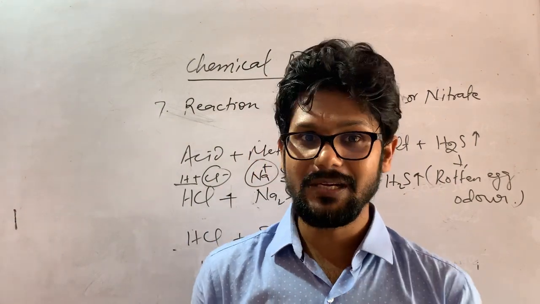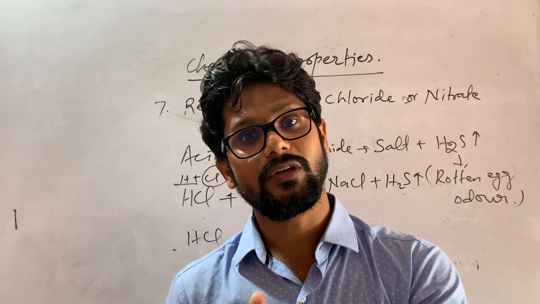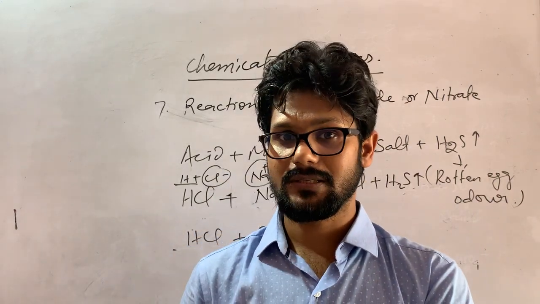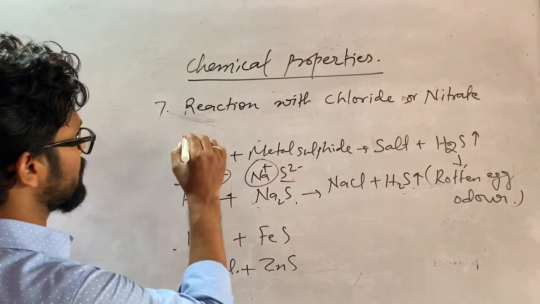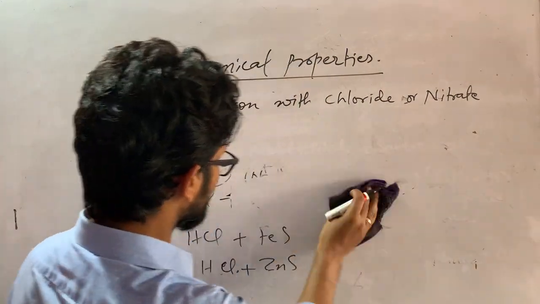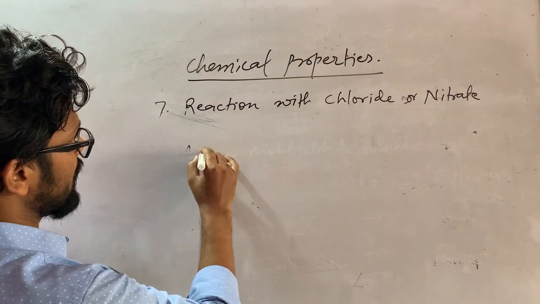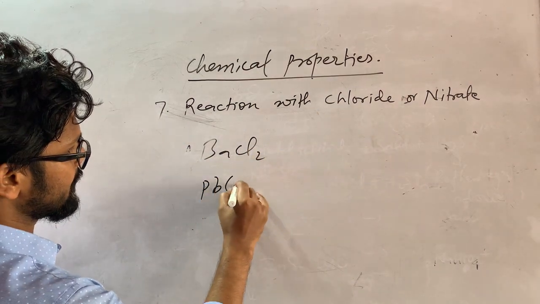Once again, I'm going to repeat. Chlorides and nitrates do not react with dilute acids, but there are few exceptions, like barium chloride, and few nitrates like lead nitrate.